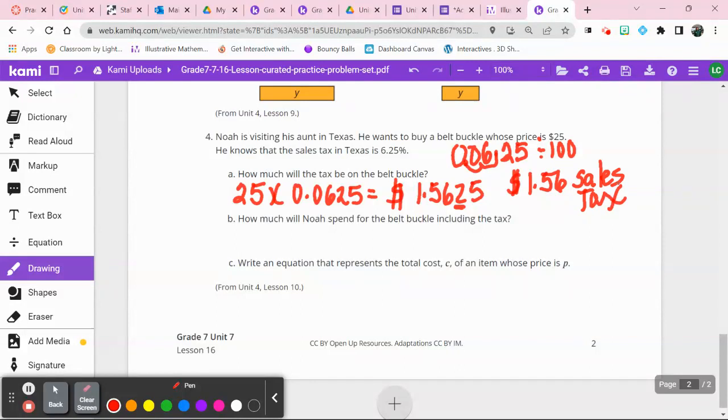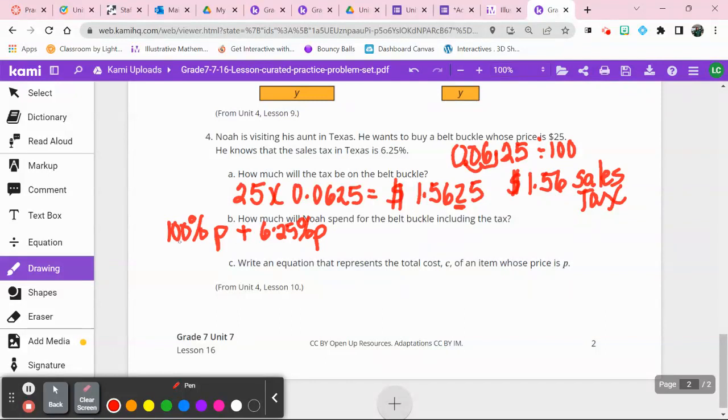All right. How much will Noah spend for the belt buckle, including tax? We're going to do it the correct way. We're going to start with the 100% of the price plus the 6.25% of the price.